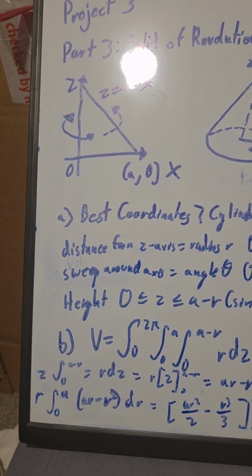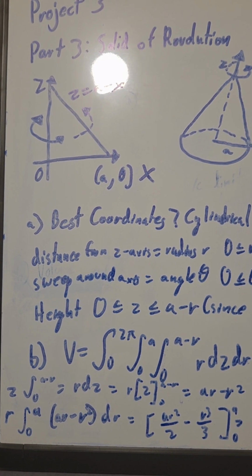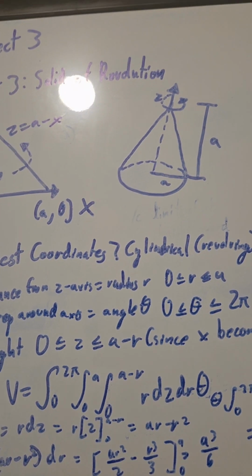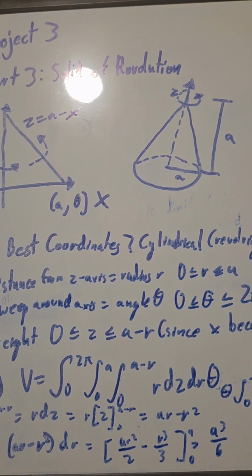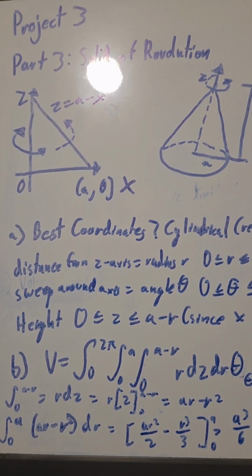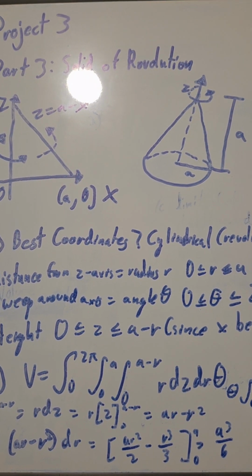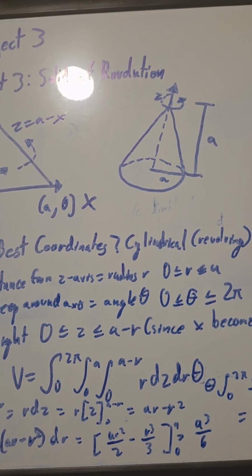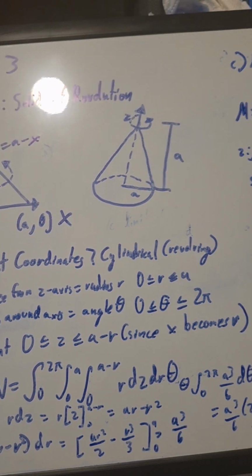That gives us our radius, and our sweep becomes our angle, theta, being greater than or equal to 0 and less than or equal to 2 pi. The height of this function is from greater than or equal to 0 to less than or equal to a minus r, since x becomes r. You travel down the cone.